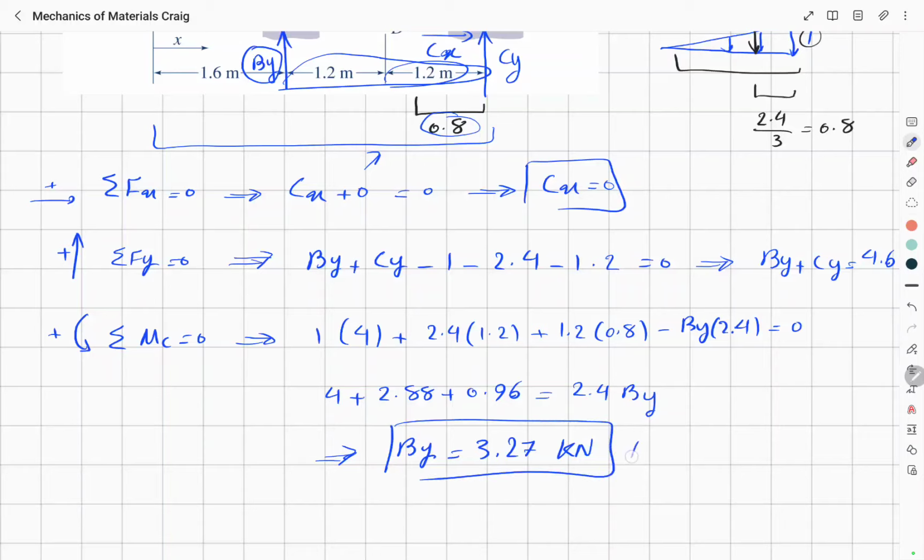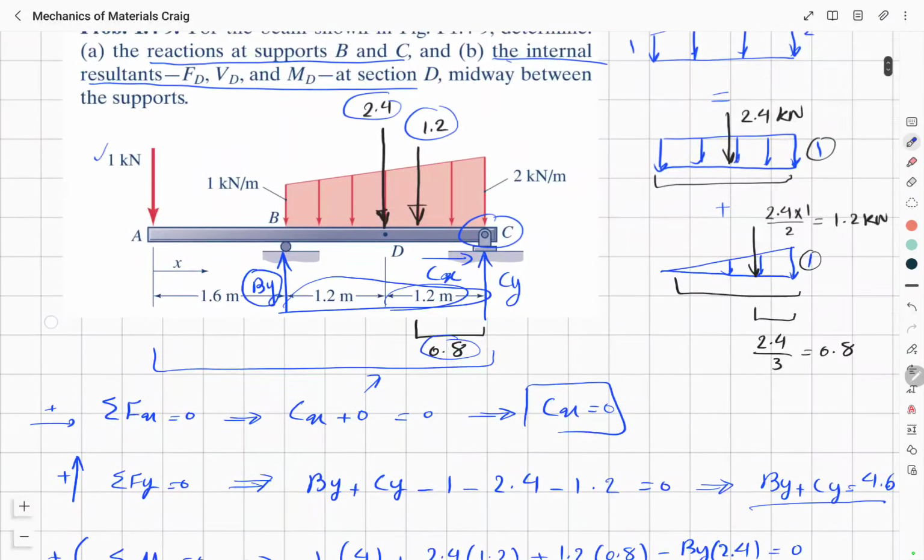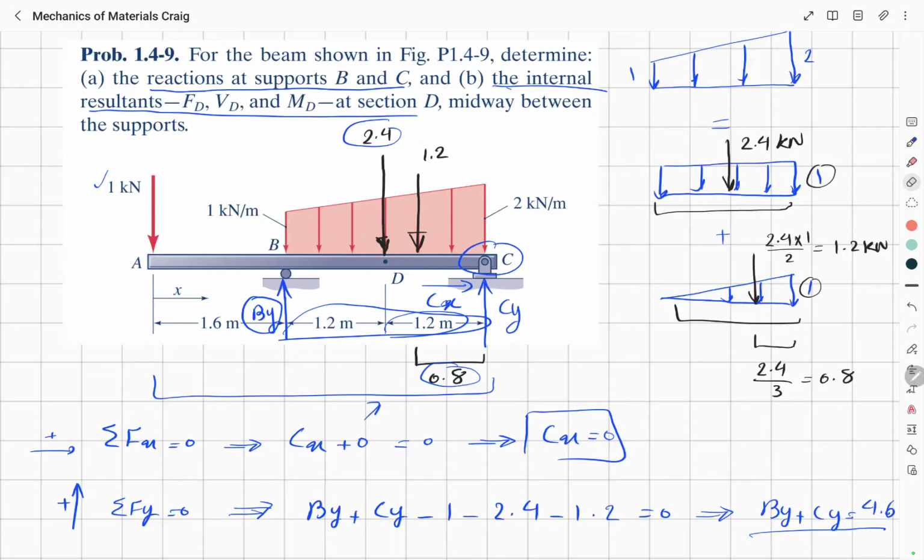Now if we put By in this equation, 3.27 plus Cy equal to 4.6. So Cy will be equal to 1.33 kilonewton. And now we can clean this diagram a little bit.